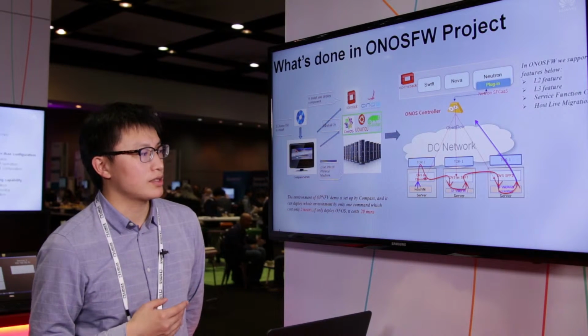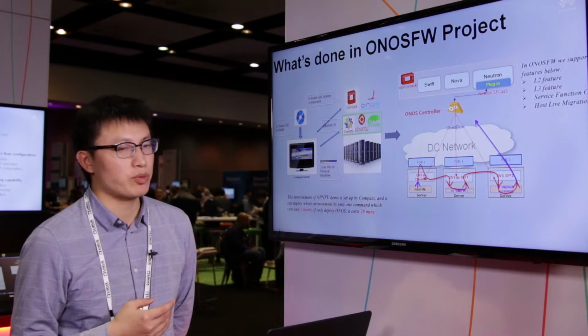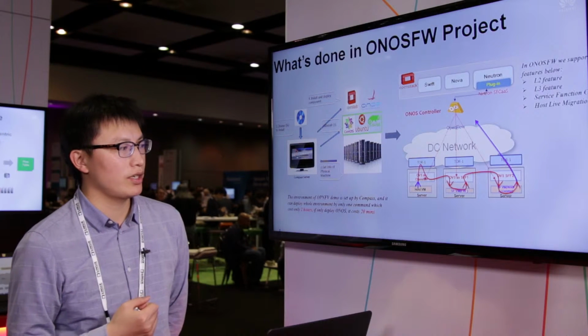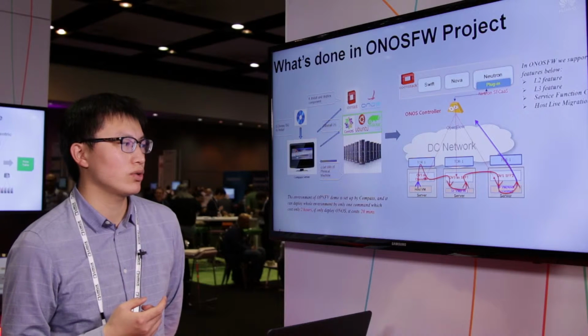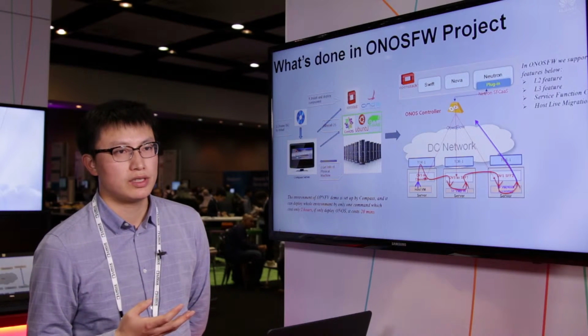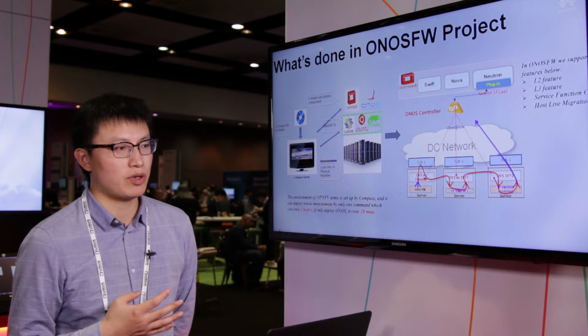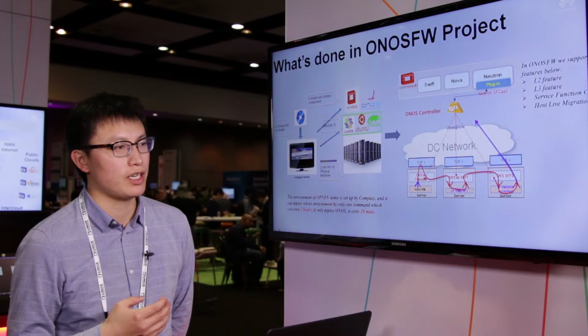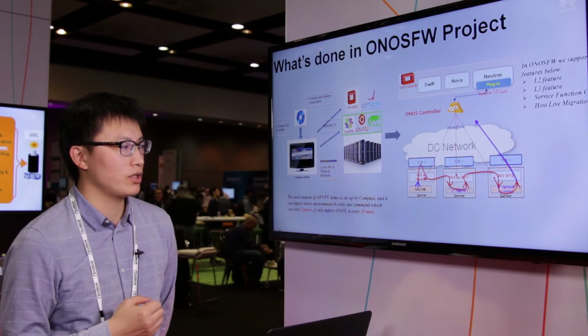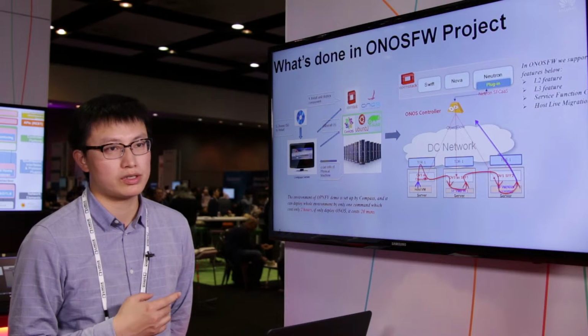Let me introduce what we have done in the ONOSFW project. We use Compass as an installer to deploy the NFV environment automatically. It needs only one command, which takes only 2 hours. So if we deploy a large-scale NFV environment, it is fast. And if we only deploy ONOS, it takes 20 minutes.